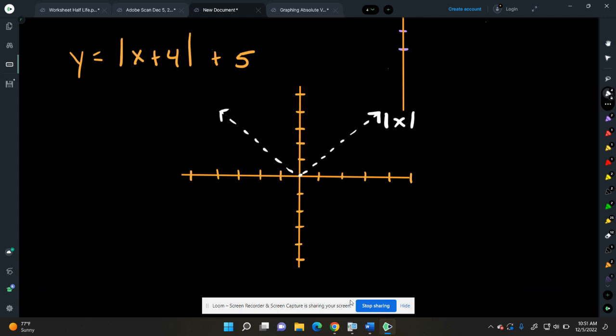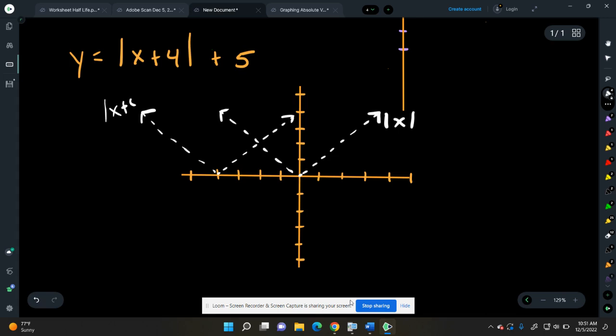Left 4, good. Left 4 because it's a +4 inside the absolute value. So we're going to move it to the left 4. So this is the absolute value of x plus 4. And then from there, we go up 5. There we go. And that's our final answer.